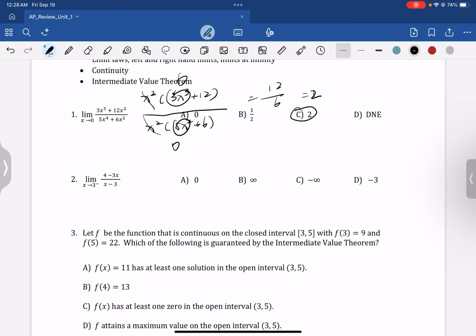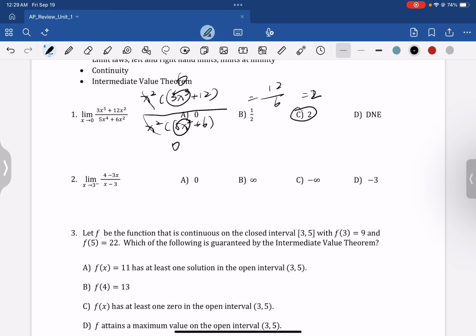We see the limit as x approaches 3 from the left hand side, which means x should always be 2.999 or something. It always gets close to 3, but never equals 3.